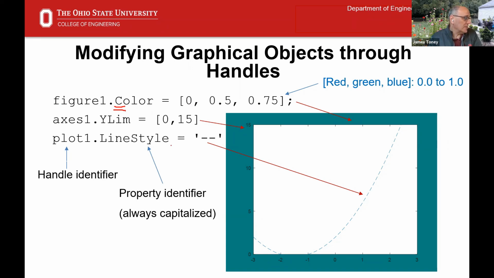Okay, or similarly, let's say you have this plot, and you decide you want to change the line style to be a dashed line. You do plot1.LineStyle and put double dashes. Now the question is, why would you want to do that? Because you could have done this when you created the plot using a control string, right? Well, it's just, if you want to change it during the course of execution because of conditions.